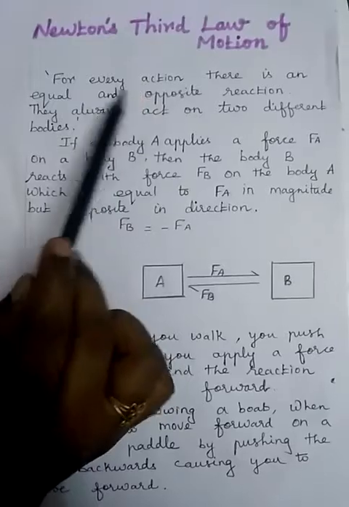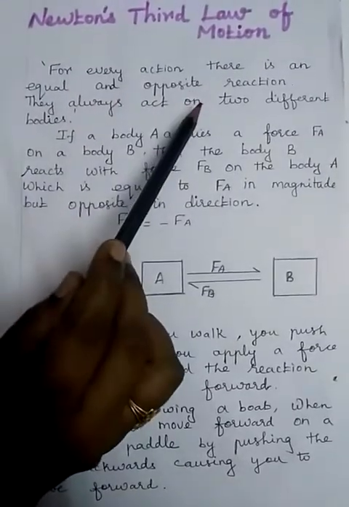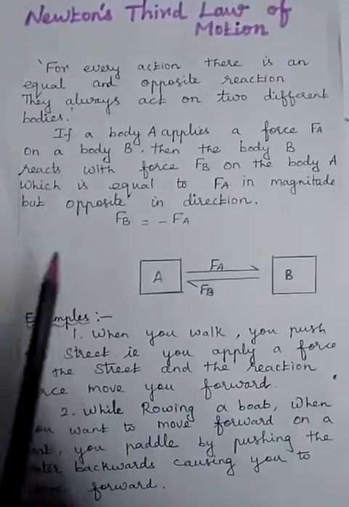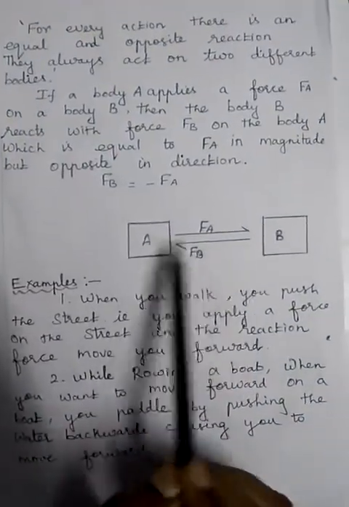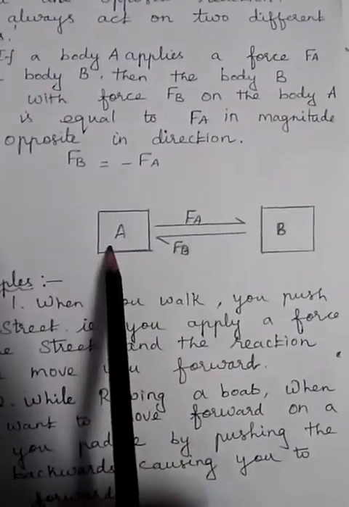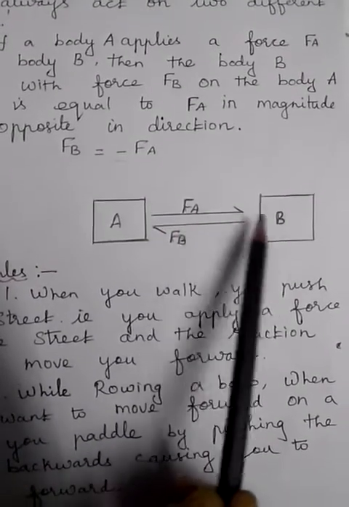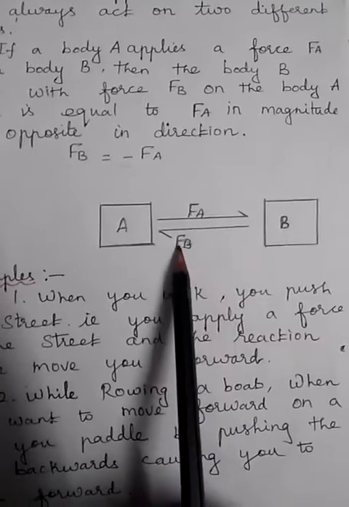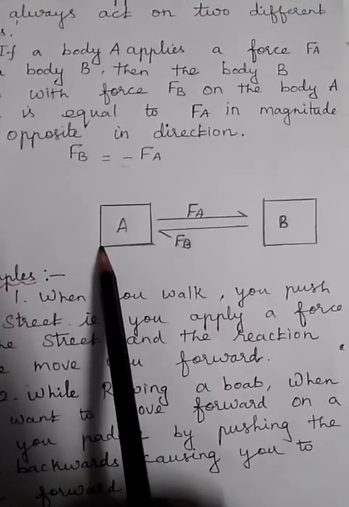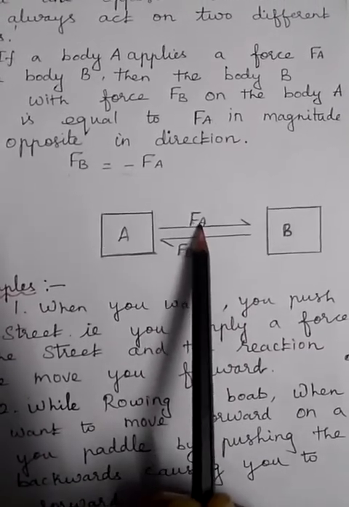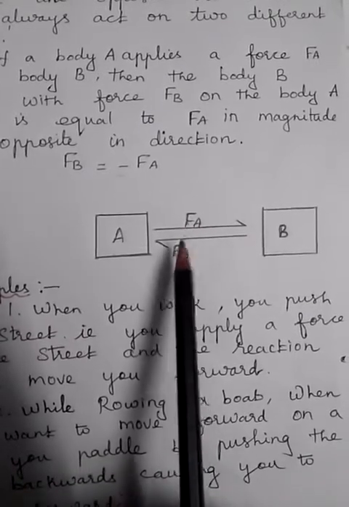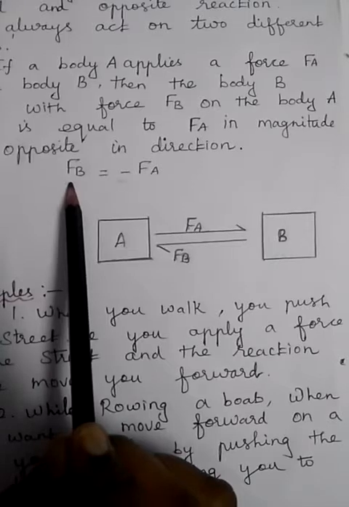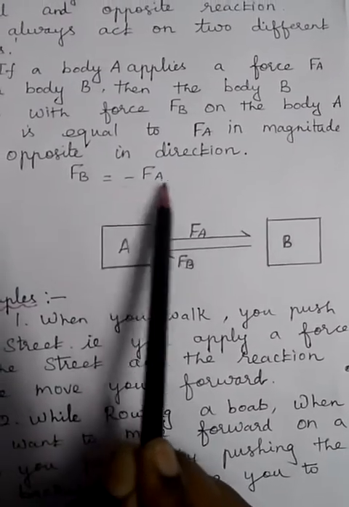Listen, if there are two bodies A and B, and body A applies a force Fa on body B, then B reacts with a force Fb on body A. The force Fb is equal in magnitude but opposite in direction. So we write Fb is equal to minus Fa.